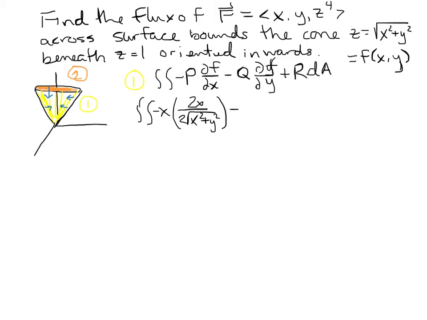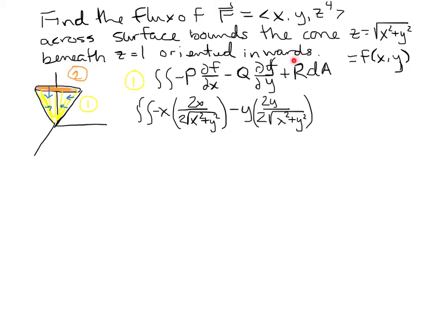Minus Q. Q is the y component of the vector field, which in this case is y. And then we have to take the partial of the function, which is that root, with respect to y. So that would be 2y divided by 2 times the square root of x squared plus y squared.